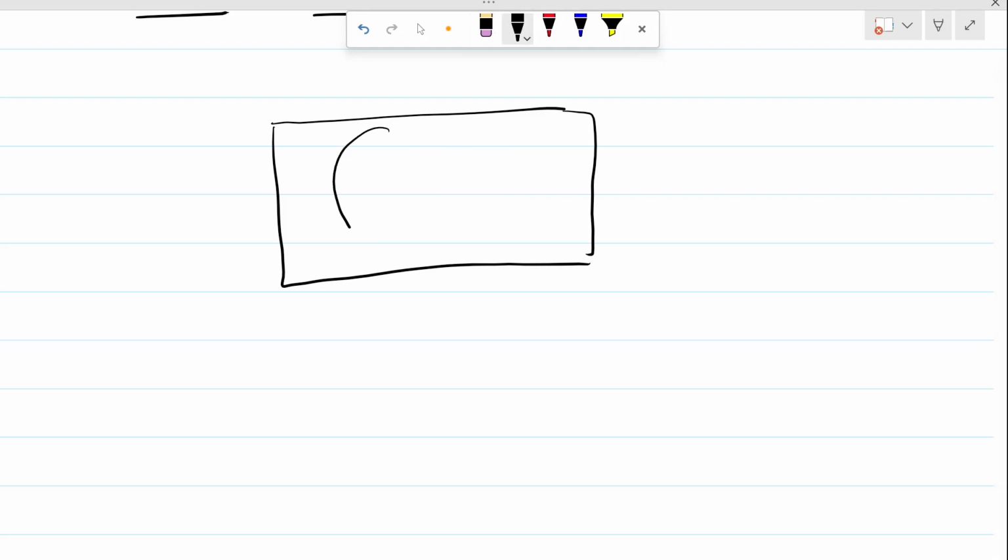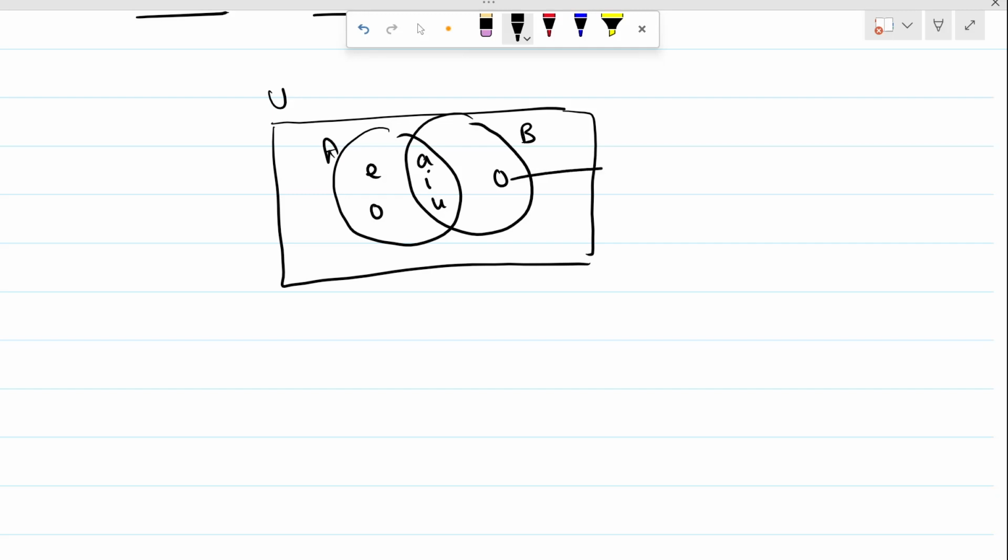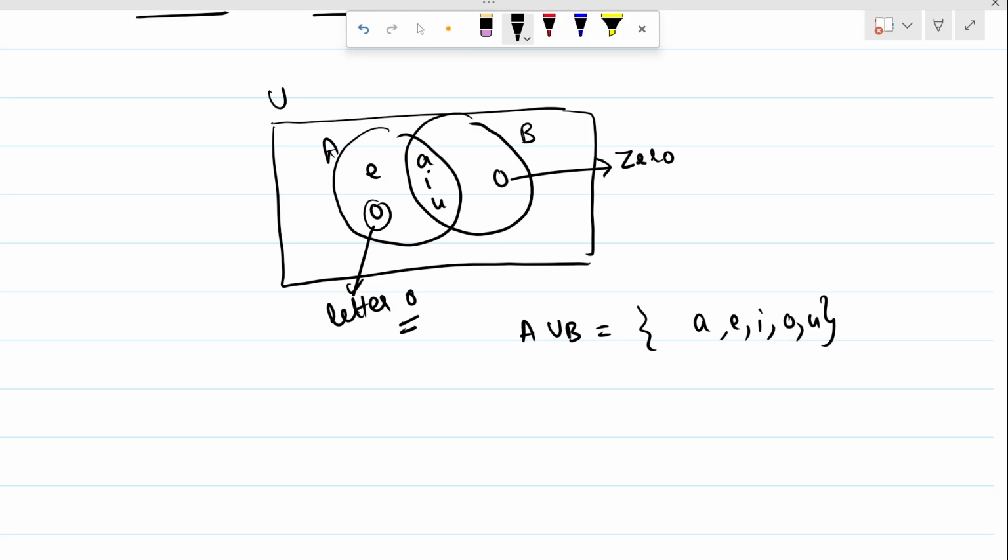A contains A, E, O and B contains A, I, U. We write common elements in the center region, A. So this is E, O, and there are no elements in B which are not common with A, so this is I, U. So when we write A union B, we have A, E, I, O, U, where the common region A is taken only once.